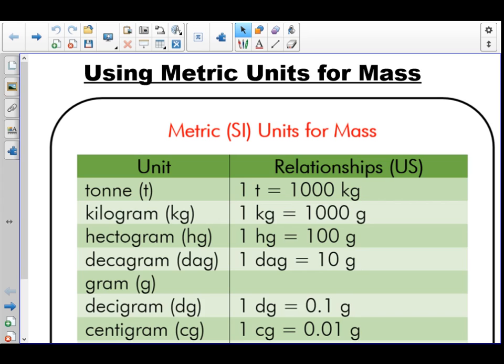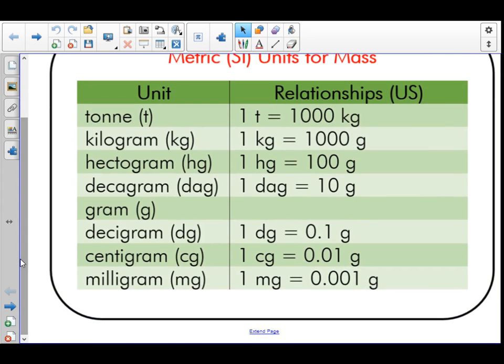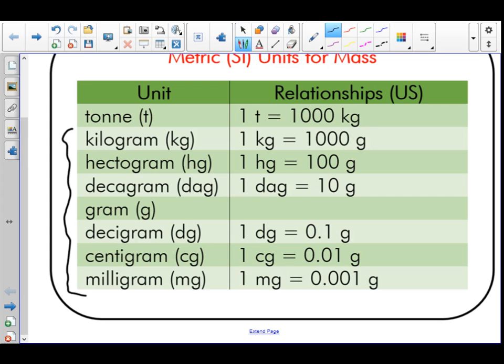So we've got a big chart here. Once again, at least this part of the chart can be thought of the same way when we use our staircase.